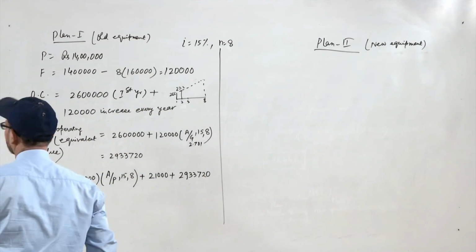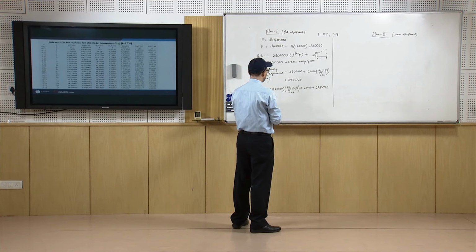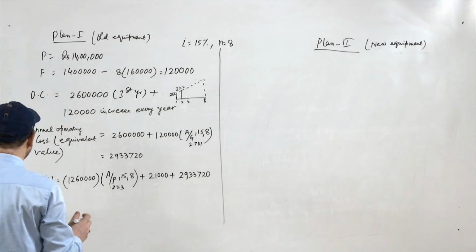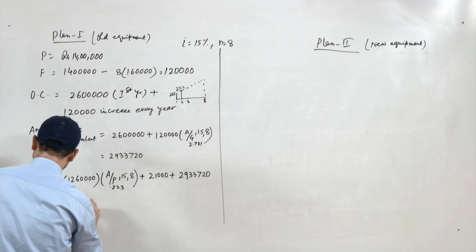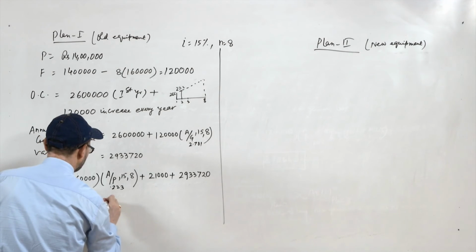A by P 15.8 will be 0.223. So, this amount plus 21,000 plus 29,33,720 comes out to be 32 lakhs 35,700.